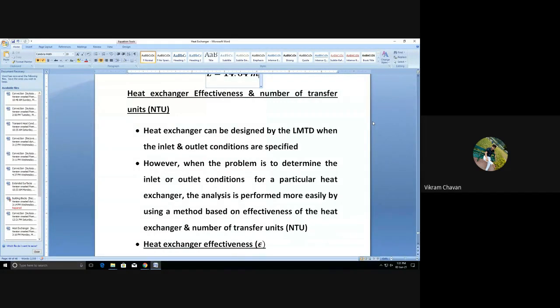So in that case, it is very difficult, or it will not be possible, to use the LMTD methodology for the analysis of a heat exchanger.